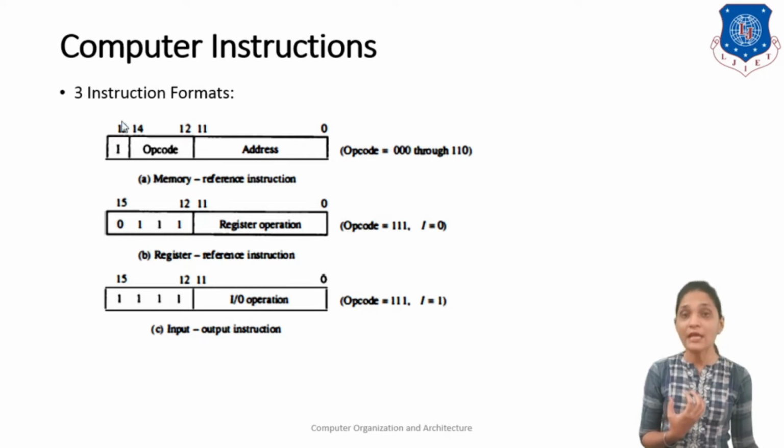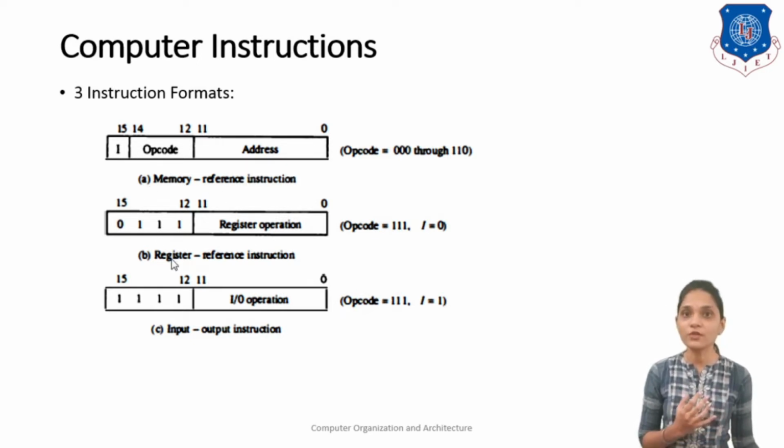operation code. From this operation code, we have also divided that your 12th, 13th and 14th bits will represent your opcode, and your 15th bit will represent whether you have used direct addressing mode or indirect addressing mode for your memory reference instruction.